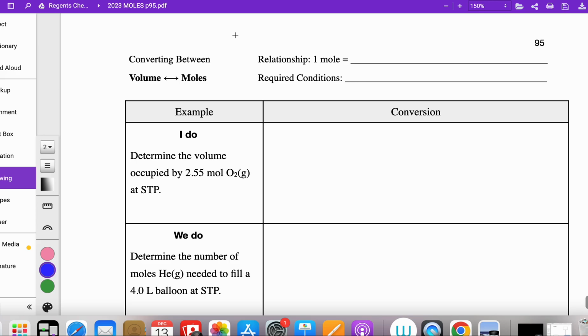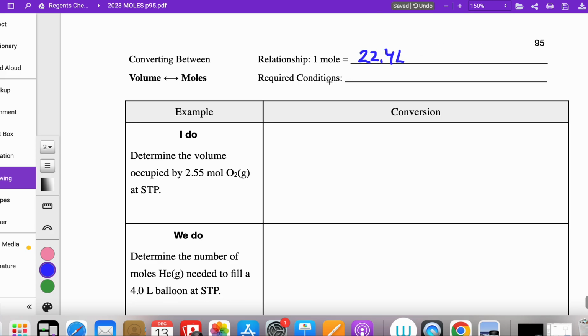Page 95, and learning how to convert between the number of moles of a substance and the volume occupied. So 1 mole specifically equates to a molar volume value of 22.4 liters.